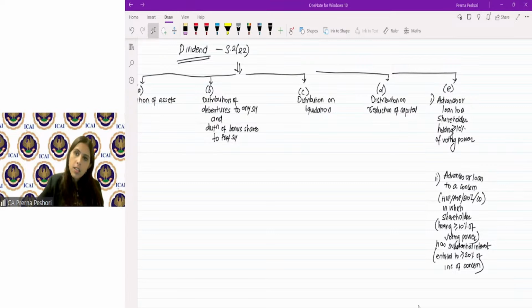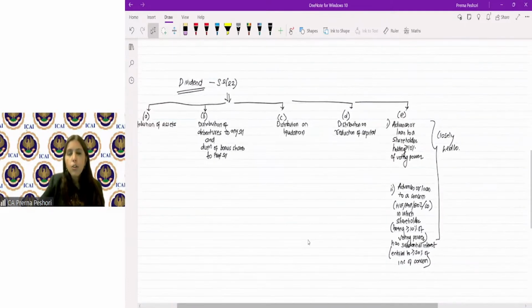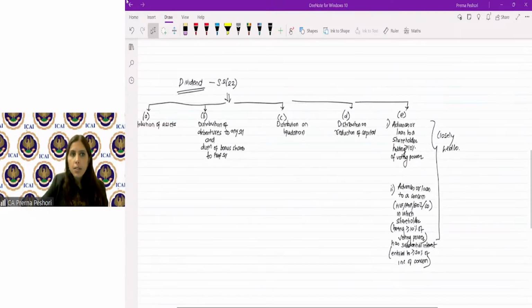Yes, this is applicable only to a closely held company. Yes, students, what do we understand by the closely held company? We had defined what is a closely held company and a widely held company.